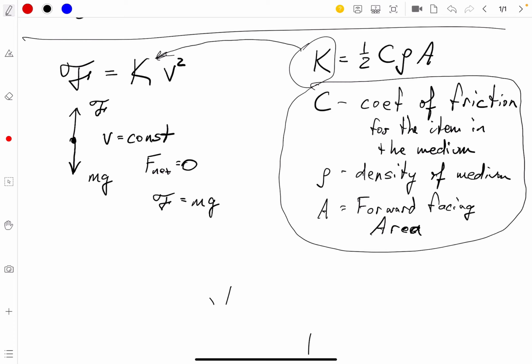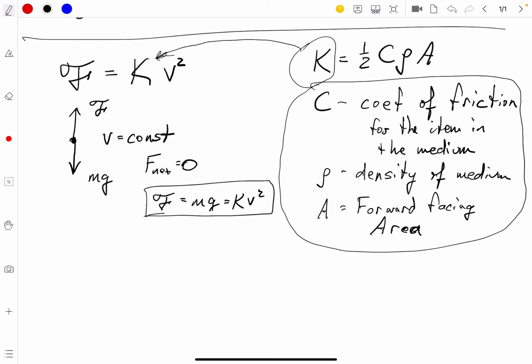And now you can say that's kv squared, and all of a sudden everything gets really easy to solve. This is a really good equation to have.